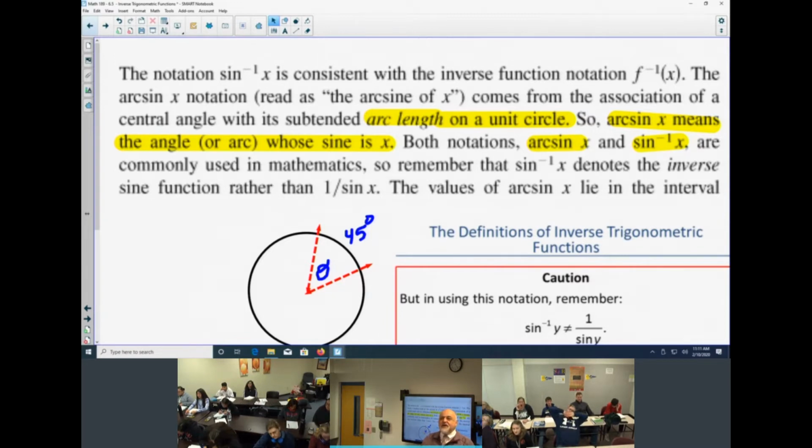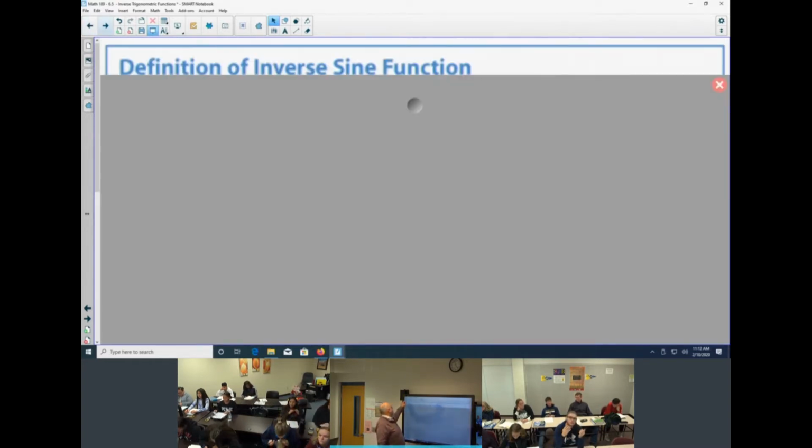Or anytime you're building anything and you want to have an angle, you use inverse trig. Okay, so anyway, we'll do more applications, but the difference is the inverse trig functions give you the angle.